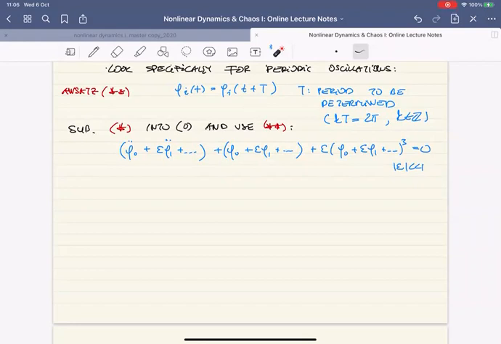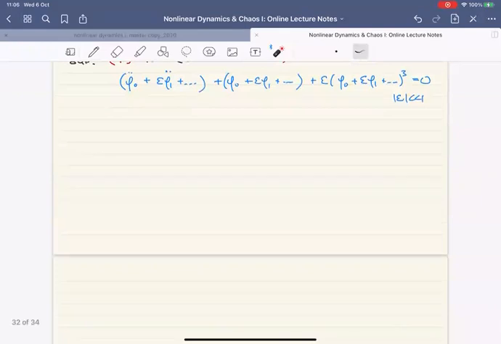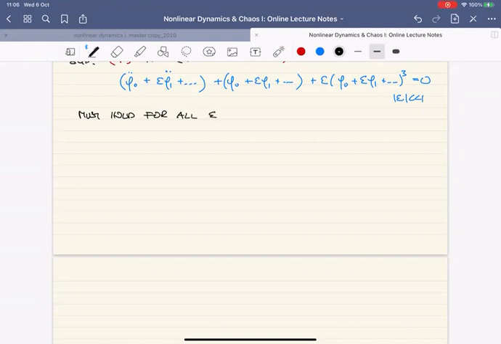I can't keep epsilon equal to 0 because then I just keep looking at the linear problem. So the only way it can be identically 0 is that all those time-dependent coefficients in the epsilon expansion must be identically 0, right? So that's when we say: this must hold for all epsilon small.